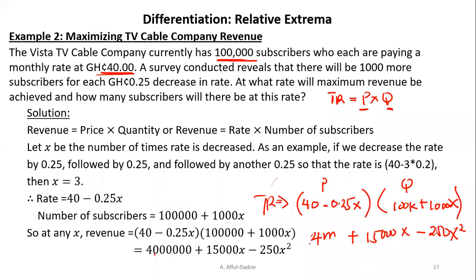Okay. So once we have this expression, we can take the derivative of this and apply the concept. I'm sure we can all differentiate this, isn't it? The 4 million goes away, it's a constant. This is going to be 15,000 because it only carries 1x, minus 500x, equals 0.